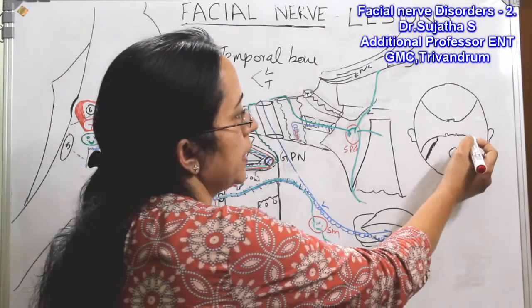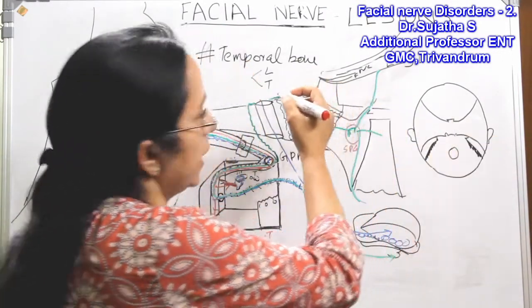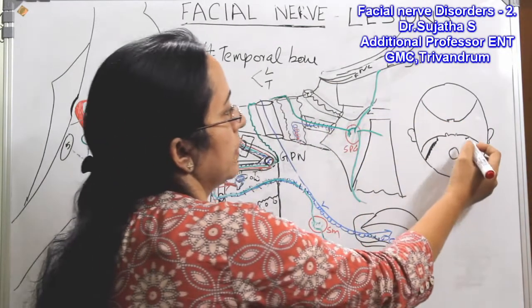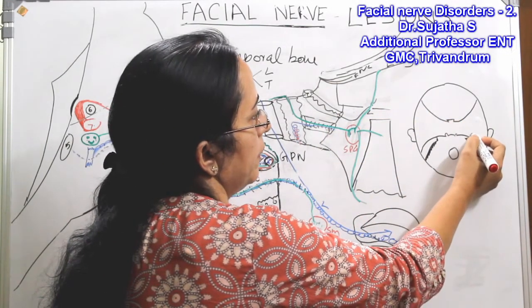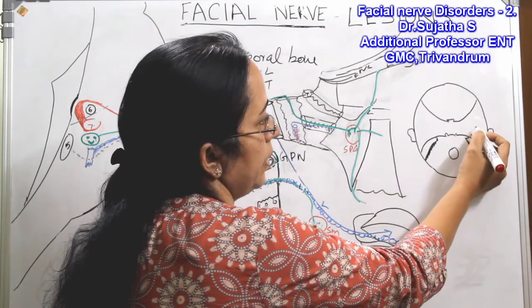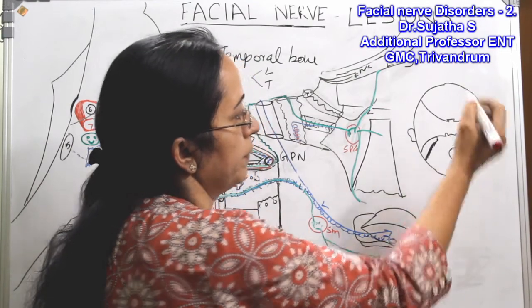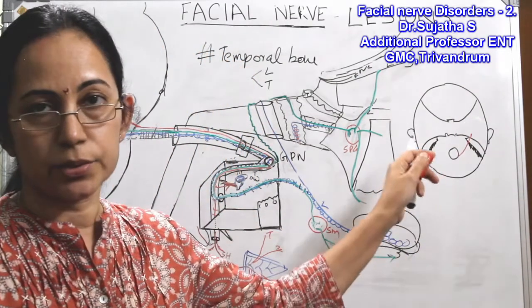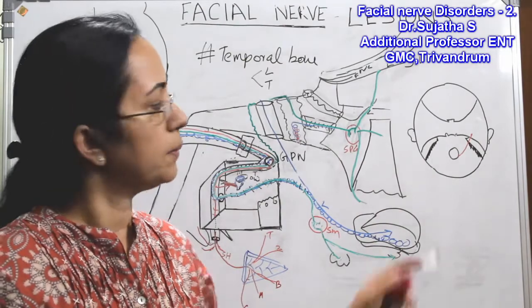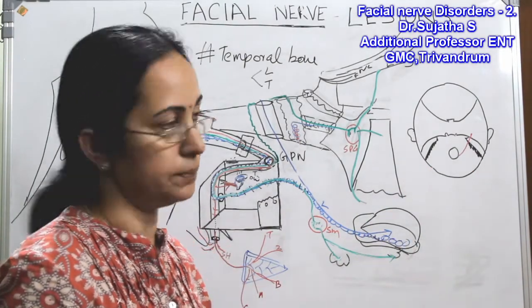bone. This is the petrous temporal bone, and these transverse fractures run perpendicular to this long axis. So this runs from the middle cranial fossa, perpendicular to the long axis of the petrous part of temporal bone, and it reaches up to the foramen magnum.